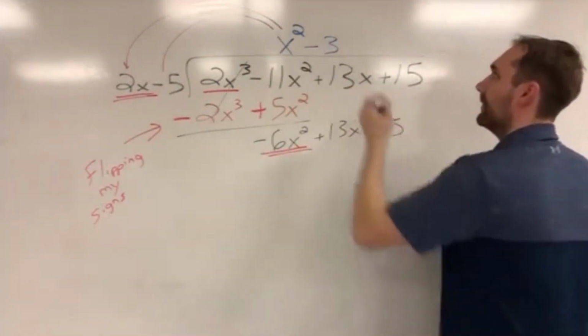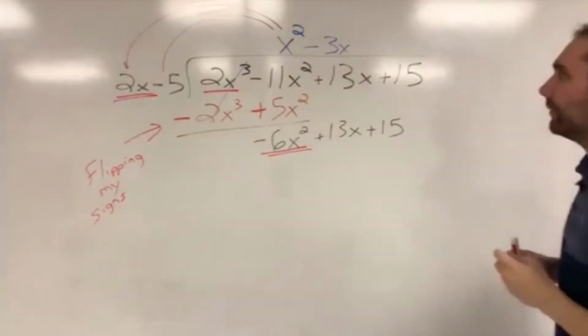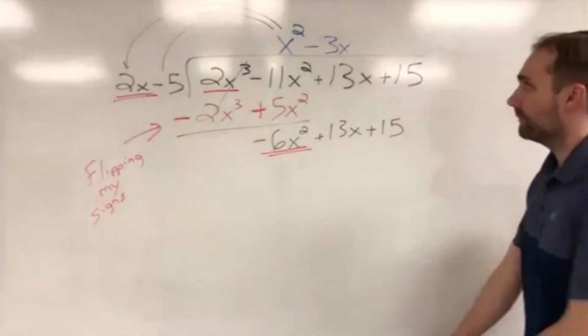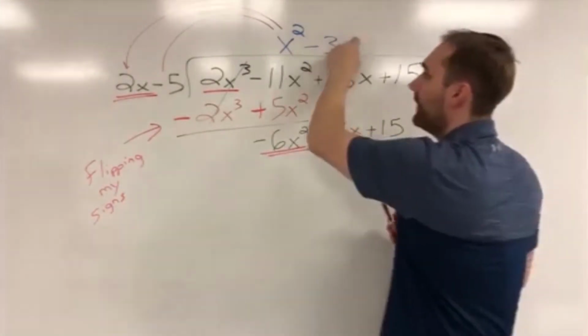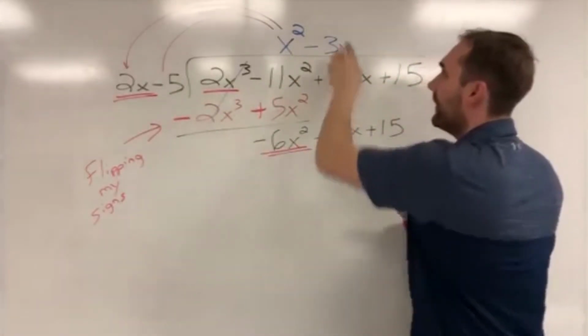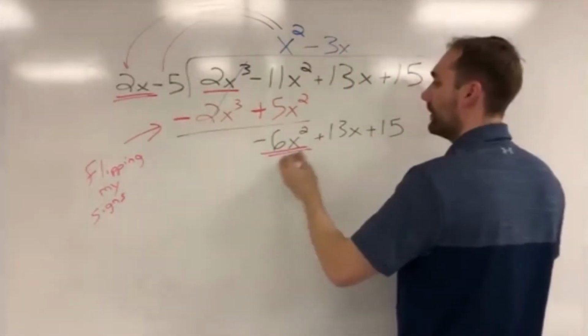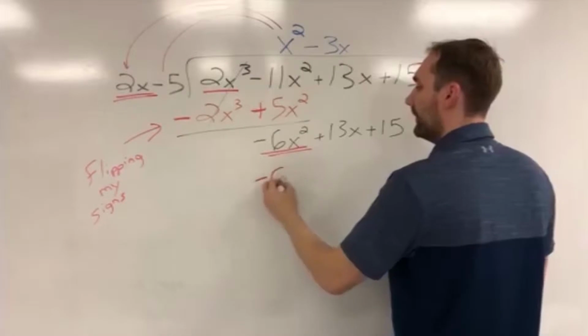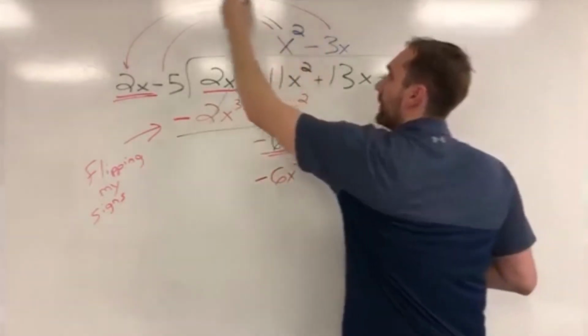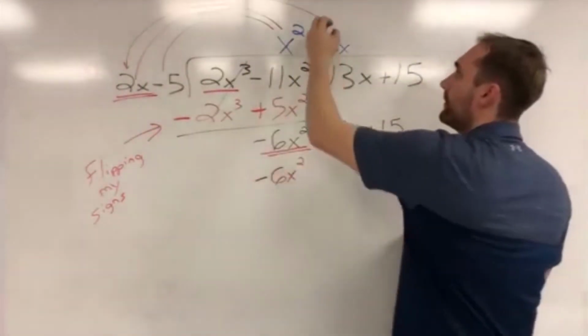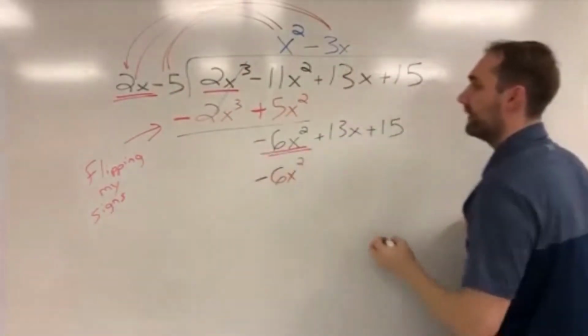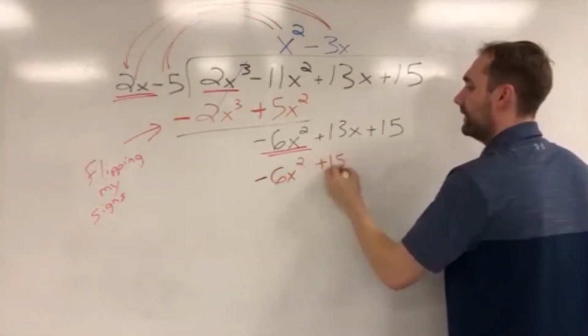I need 2, so I need to multiply one more x. So negative 3x squared, negative 3x times 2x will give me a negative 6x squared. Now let's not forget, I need to also multiply negative 3x by this negative 5. That is a plus 15x.